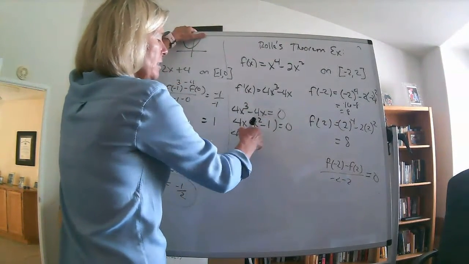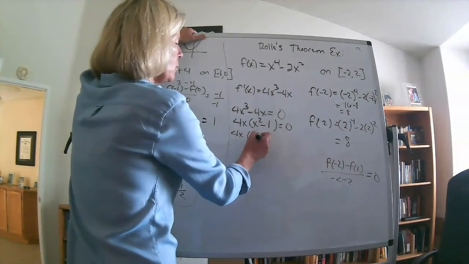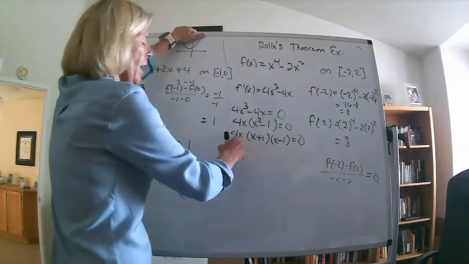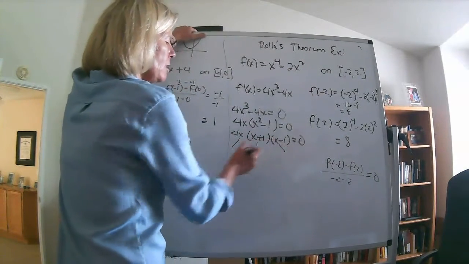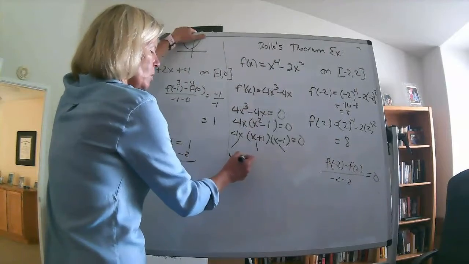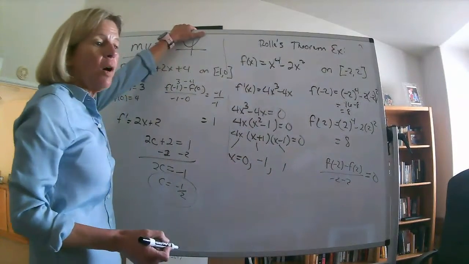And then, since this is a quadratic, a difference of two squares, I can factor it into x plus 1, x minus 1. And if I set each of these factors equal to 0, I get x equals 0, x equals negative 1, and x equals positive 1.